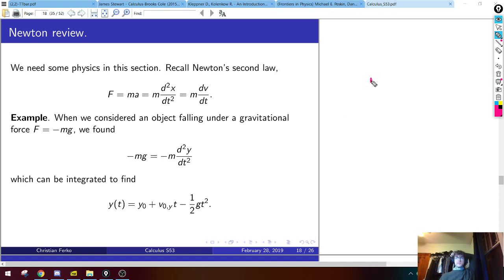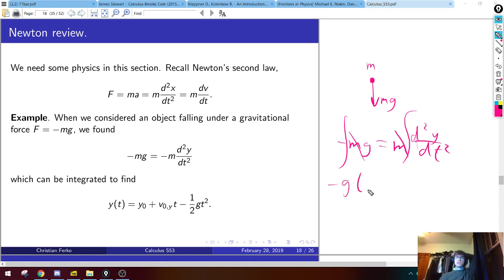So for example, we've done this problem many times. If you are dropping some object of mass m and it feels a force mg downwards, then F equals ma becomes minus mg, if it's going downwards, equals ma. What is a? It's d squared y over dt squared, maybe I use the letter y for the height. I cancel the m's. I take an integral on both sides, so I integrate both of these to get rid of one of the derivatives.